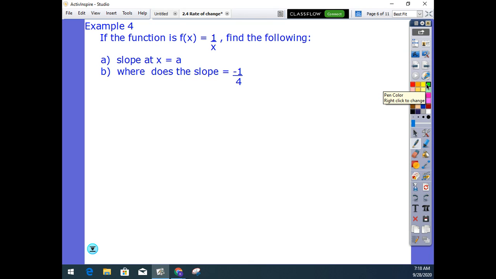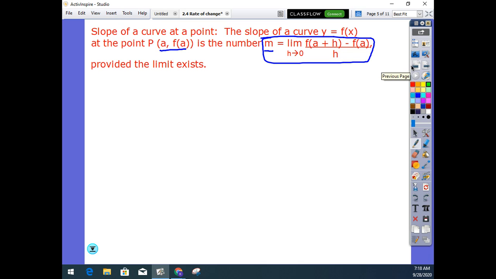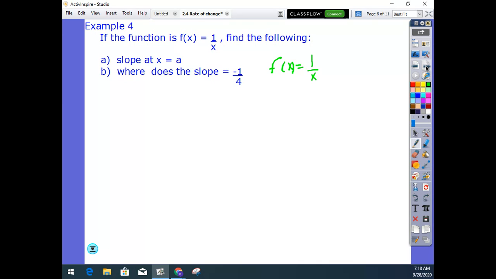Okay, so if f of x is 1 over x, we need two things from this previous definition. F of a plus h, f of a. F of a plus h is 1 over a plus h.